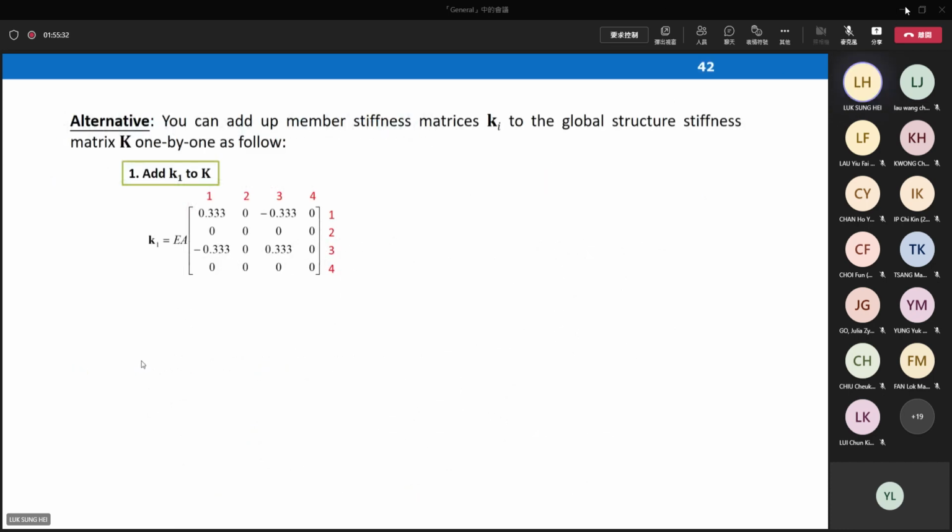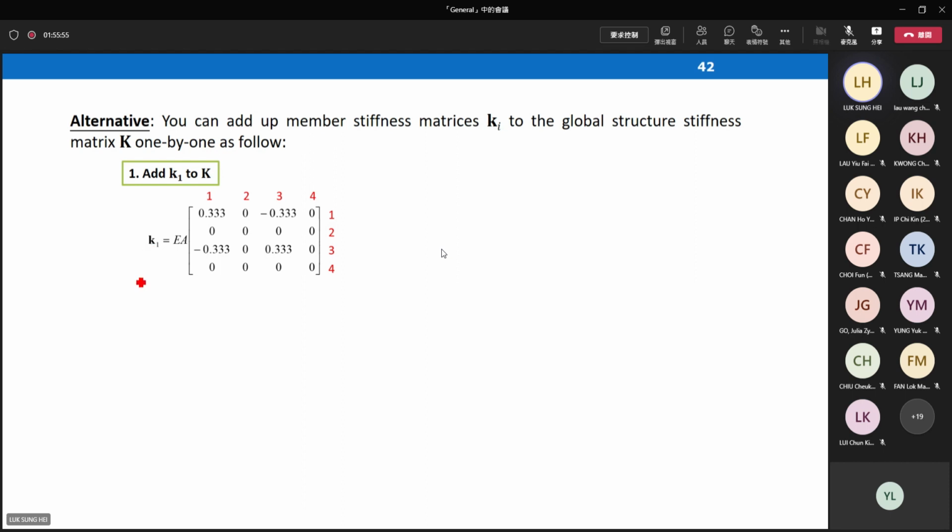One final remark. Instead of direct mapping, instead of enlarging our element stiffness matrix, here I give you one more option, one more method, of how to combine element matrices together. In this version, you don't need to enlarge all the elements.